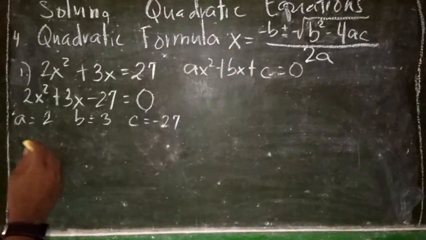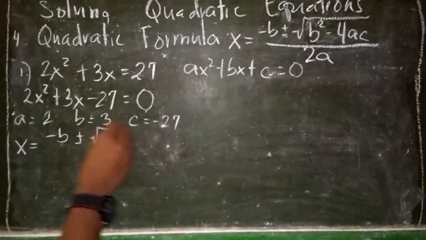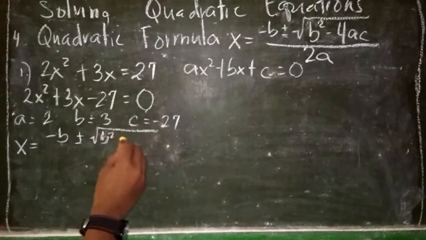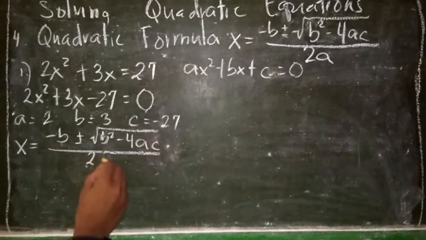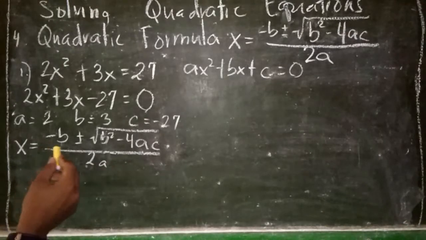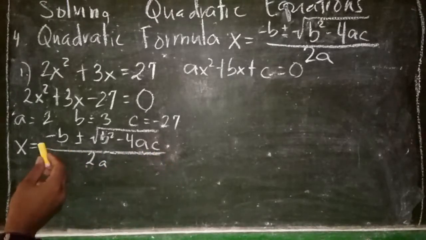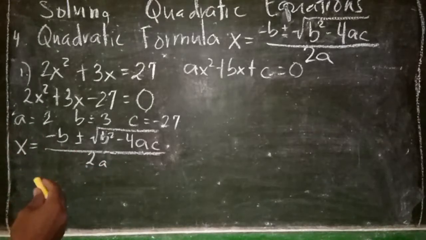So, the quadratic formula, x equals negative b plus minus the square root of b squared minus 4ac all over 2a. Take note na itong fraction bar natin or the vinculum, sakop niya mula sa negative b hanggang sa c.